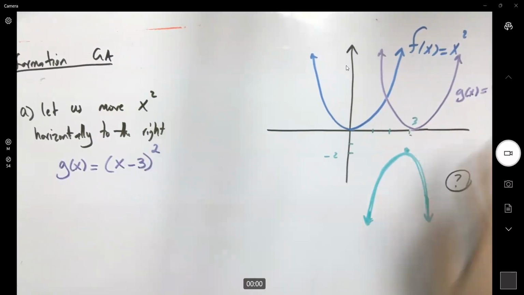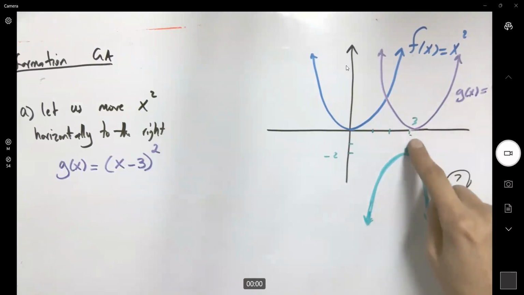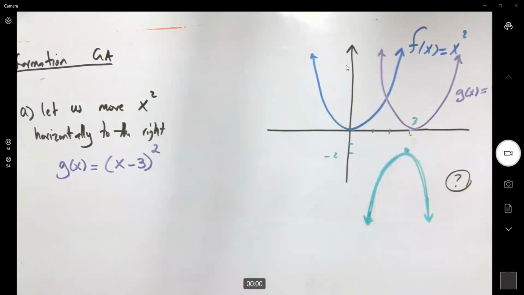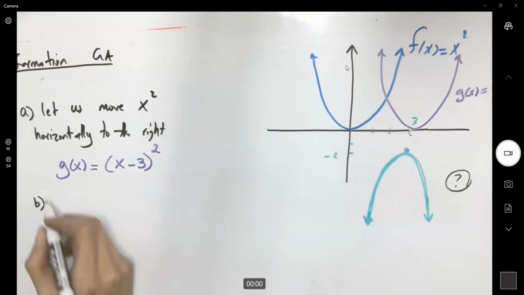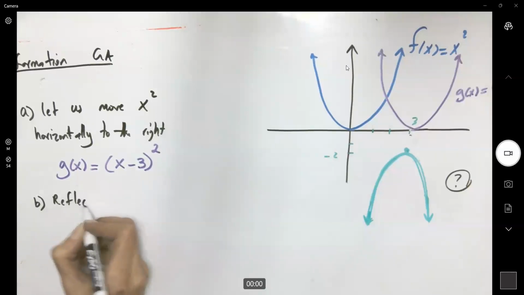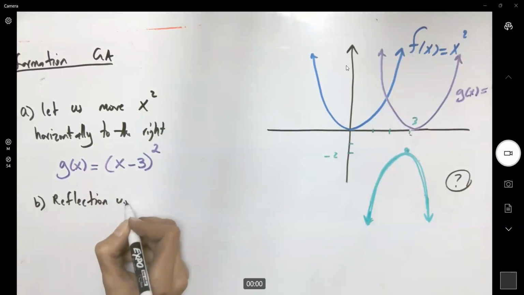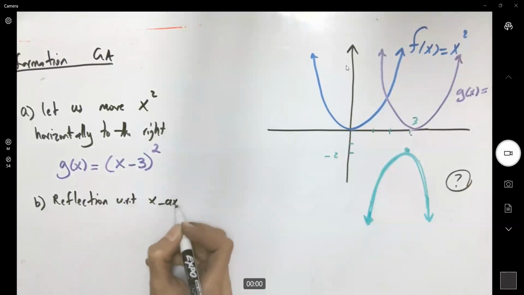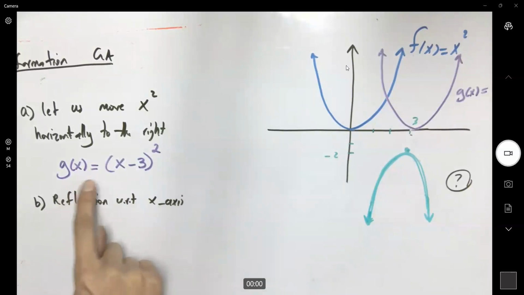So what is the next step? Next step, I'm going to flip this graph. The reflection with respect to the x-axis. What's the meaning of that? It means that I have to multiply my y by a negative sign. So what do I get? I get this guy here.